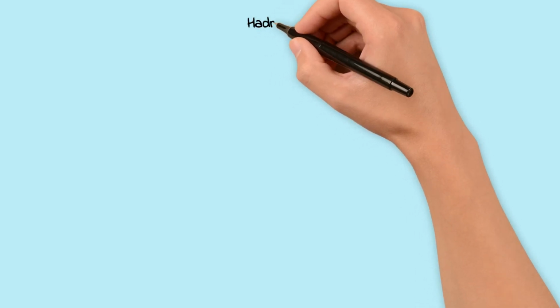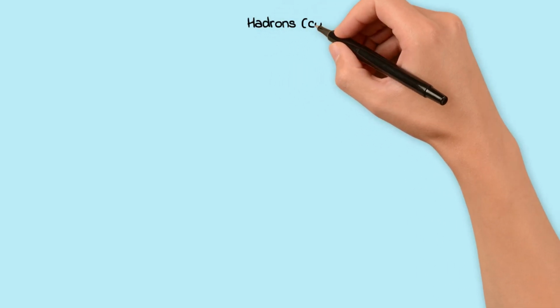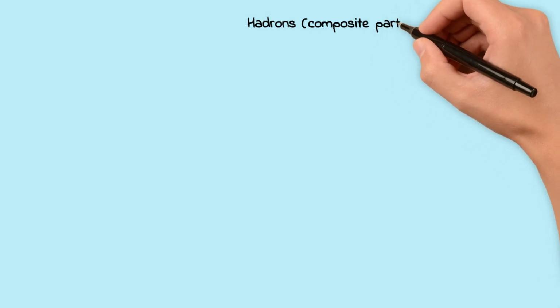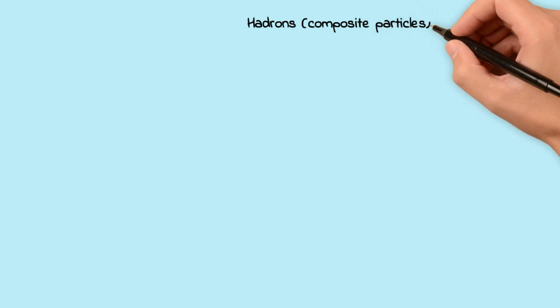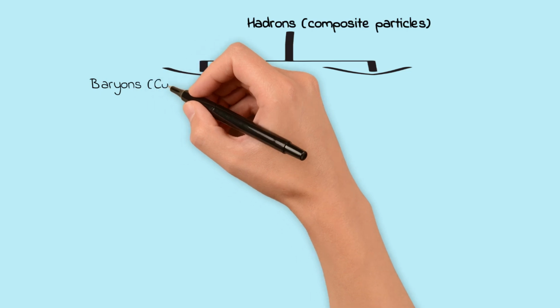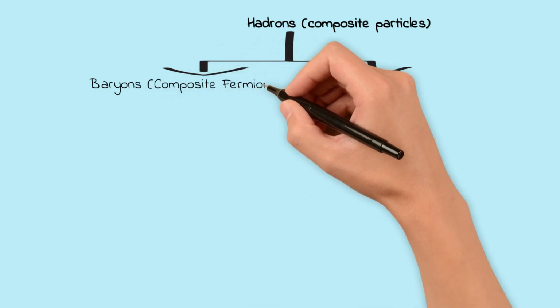The fundamental particles that we have just considered are the building blocks of the hadrons. Hadrons are composite subatomic particles. Hadrons are generally composed of 2 or 3 quarks held by strong forces. They can be divided into 2 main categories. We have on one hand the baryons, also known as composite fermions, because they have half-integer spin, just like the fermions we have considered.